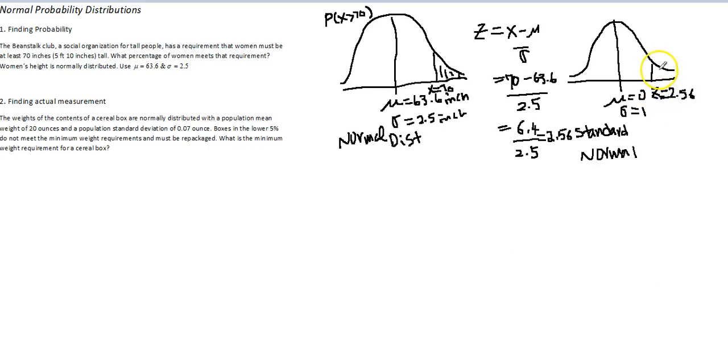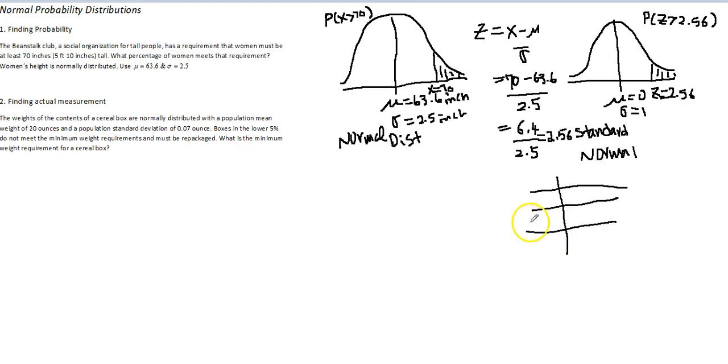Okay, and we're going to shade this area here. So now we are looking for the area P(Z > 2.56). Now, in order to find the area under the shaded area here, we have to go to the table. So I'm going to draw that table over here, and you go down to 2.5, then you go to the column that has 0.06.